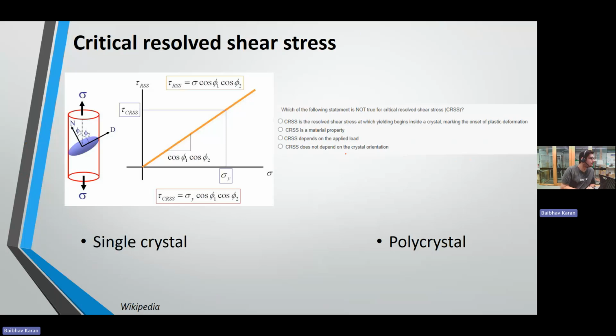So when tau CRSS is taken into account, the sigma will become the yield stress of the material. This is for a single crystal. For polycrystal, there will be multiple planes present in the sample, and these multiple planes will be shearing in different directions. That is what we are observing in polycrystalline materials.